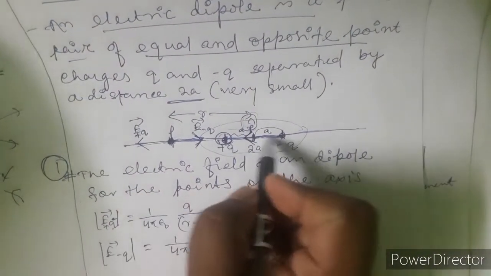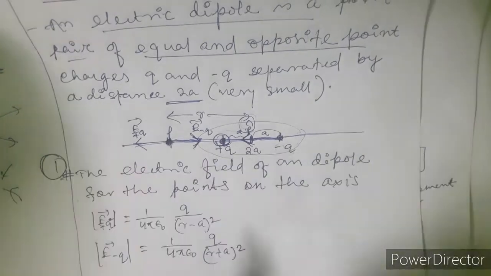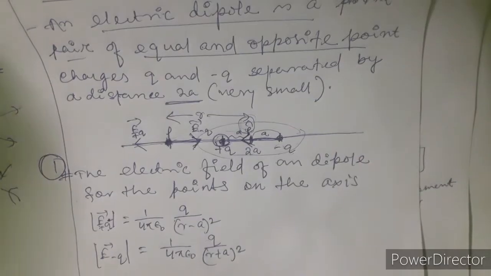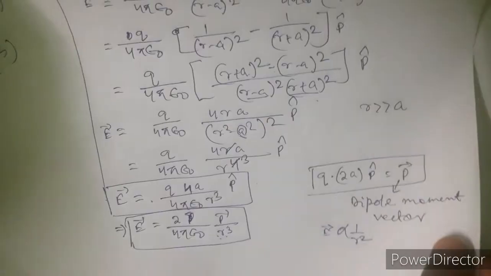So this is a dipole. On the axis of the dipole we have calculated the electric field. So in this discussion, we will calculate the electric field on the equatorial point.